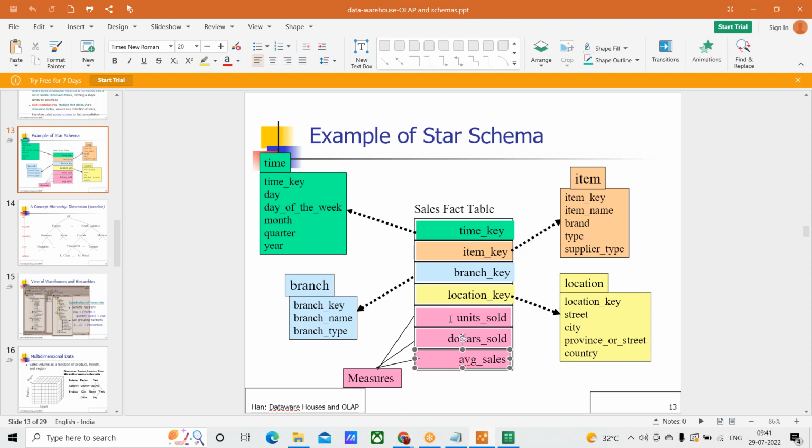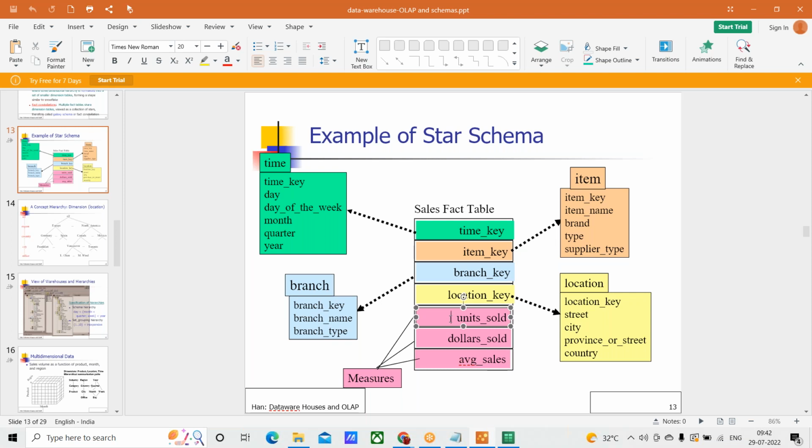If these are there, you can calculate anything. Item price is the price of each item. Quantity sold is how many items were sold. For example, if the item price is 10 rupees and quantity sold is 10, then 10 into 10, 100 is the total amount sold.